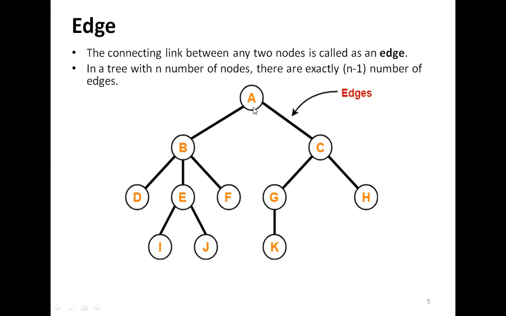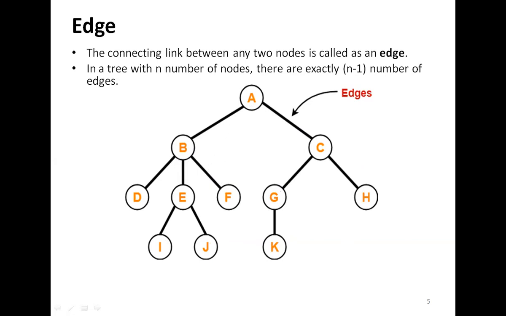So all these are edges. This is an edge, this is an edge, this is an edge. Now to represent or tell the edge: AC is an edge. Similarly, AB is an edge. Similarly, BF is an edge. So this edge is the connecting link between any two nodes.